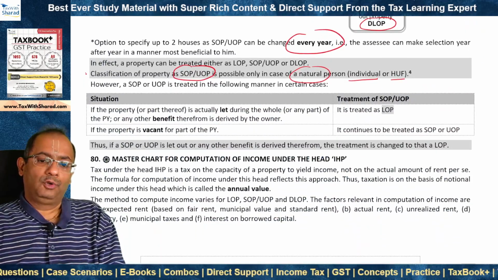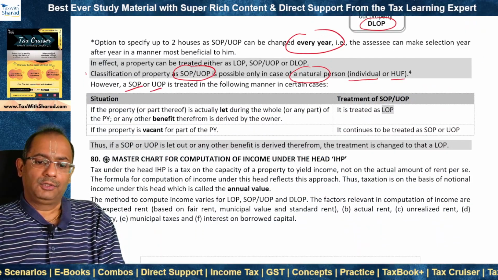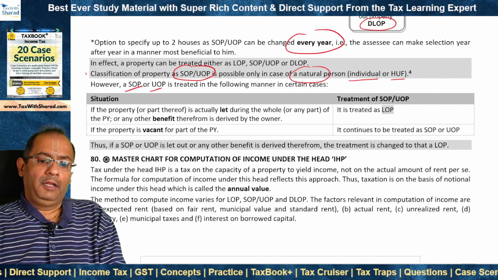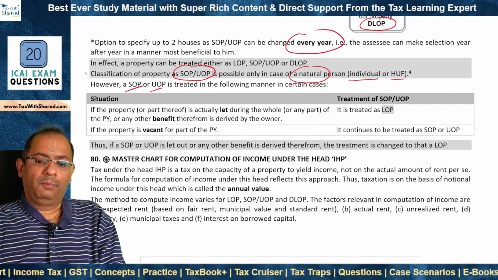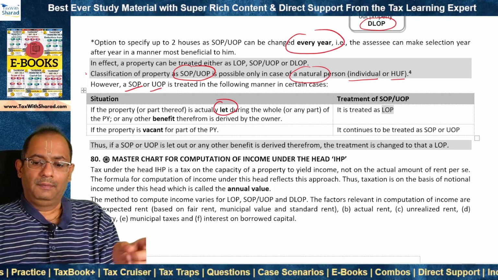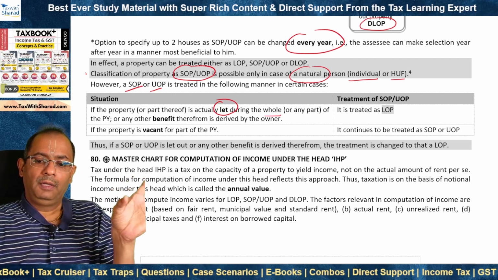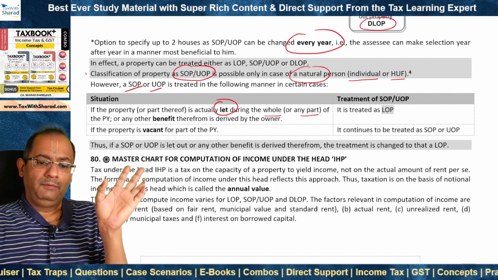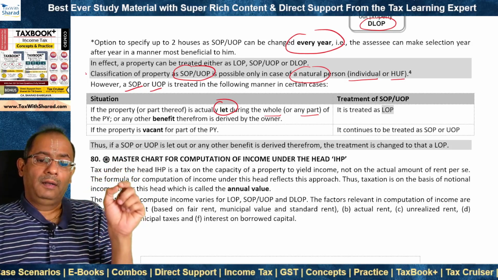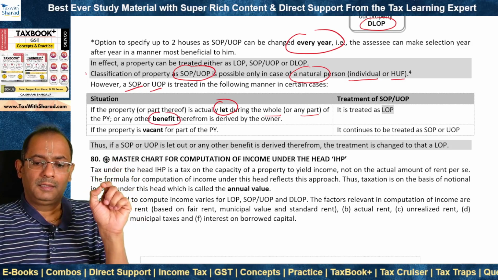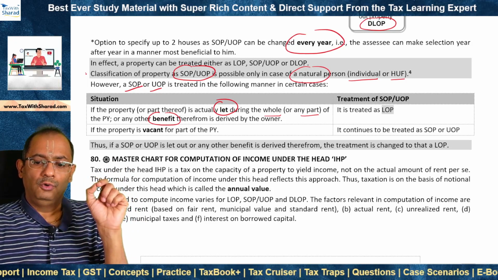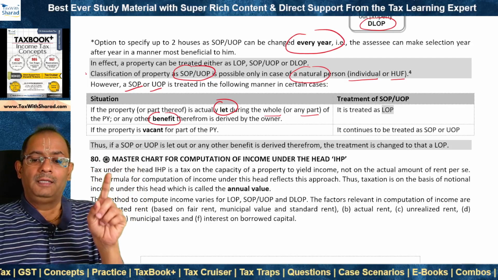Now, as far as SOP or UOP is concerned, what we need to note is if the property is actually let during the previous year, and it may be let out for the whole of the previous year or even for any part of the previous year, even for just one day, or if any other benefit is derived by the owner from such SOP or UOP, then the tax treatment is changed.